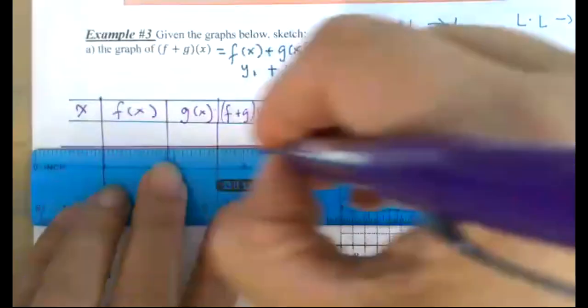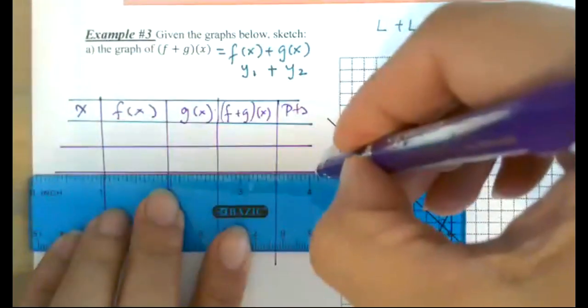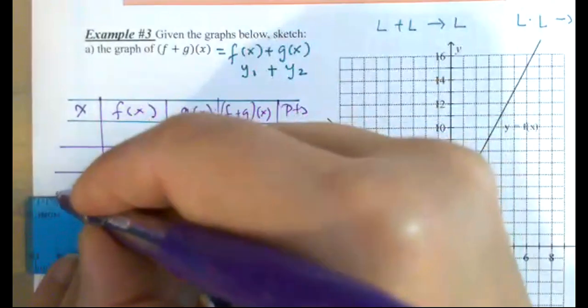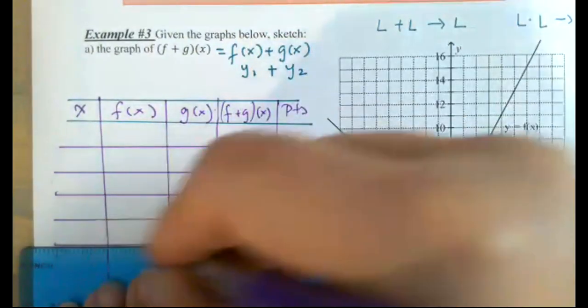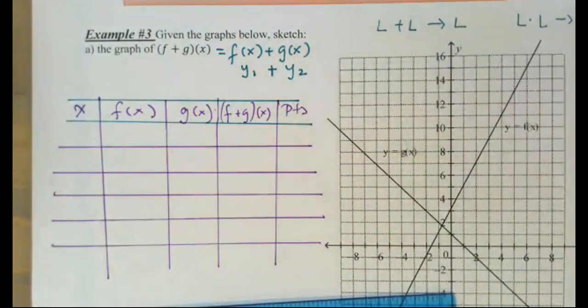Okay, so let's make a few rows. So this is going to be giving us a linear function.